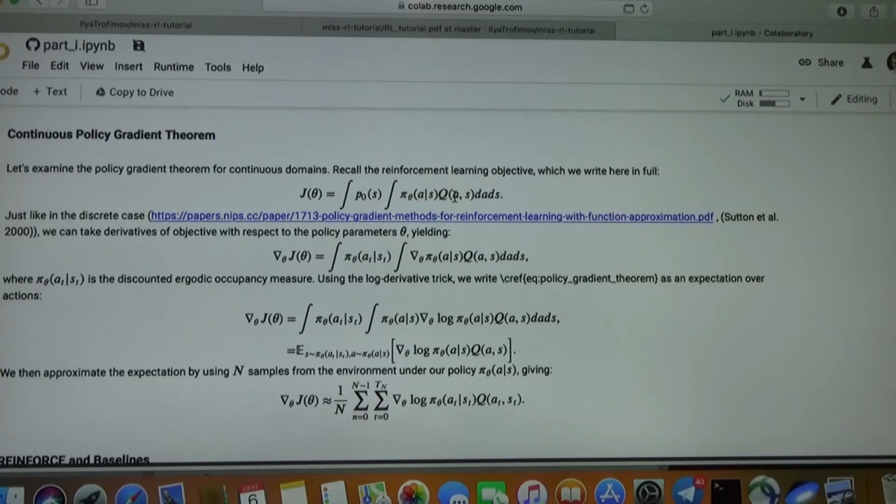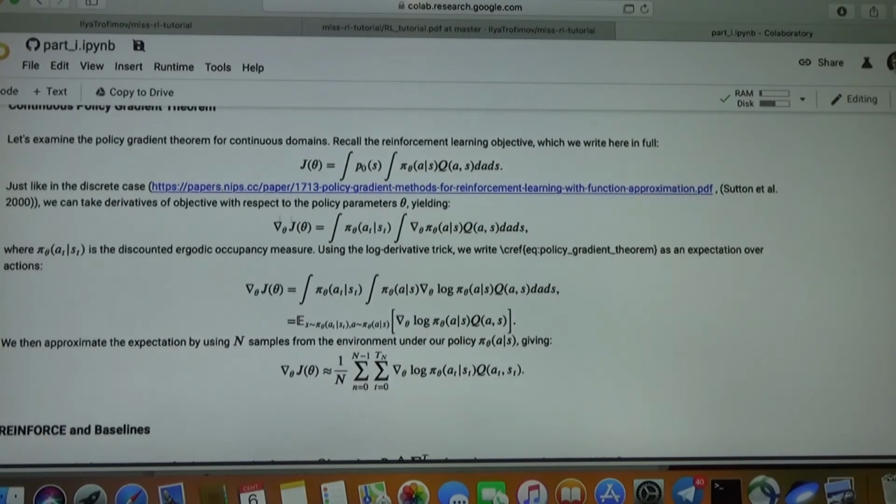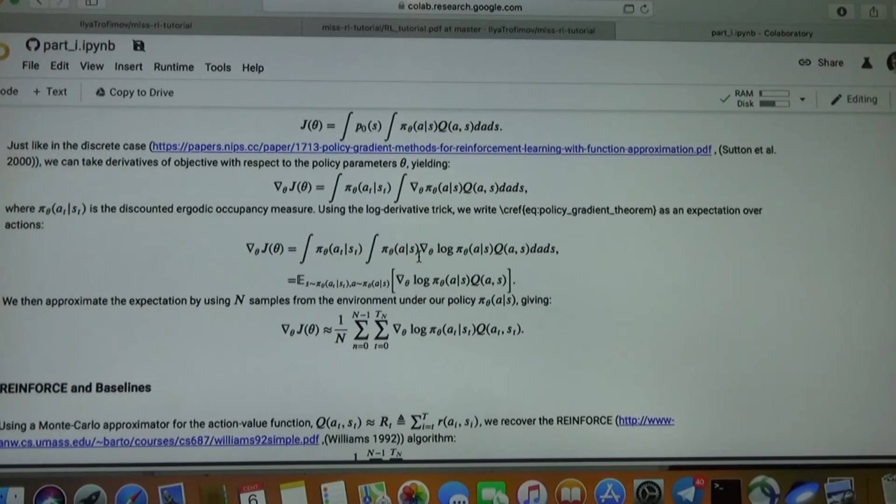Here is the Q function, and we calculate the gradient of this expectation over the parameters of the distribution. So here the distribution is the pi function, our policy, and it depends on the vector theta.